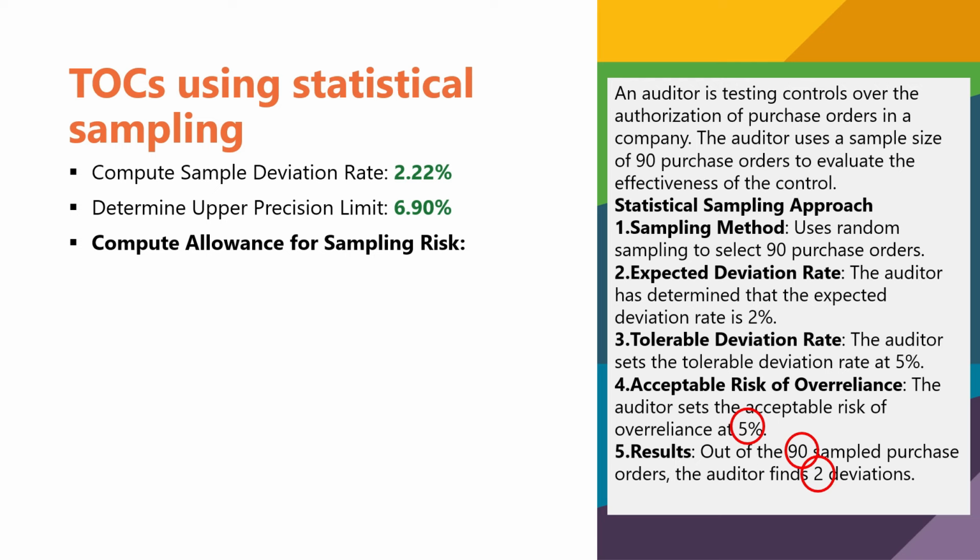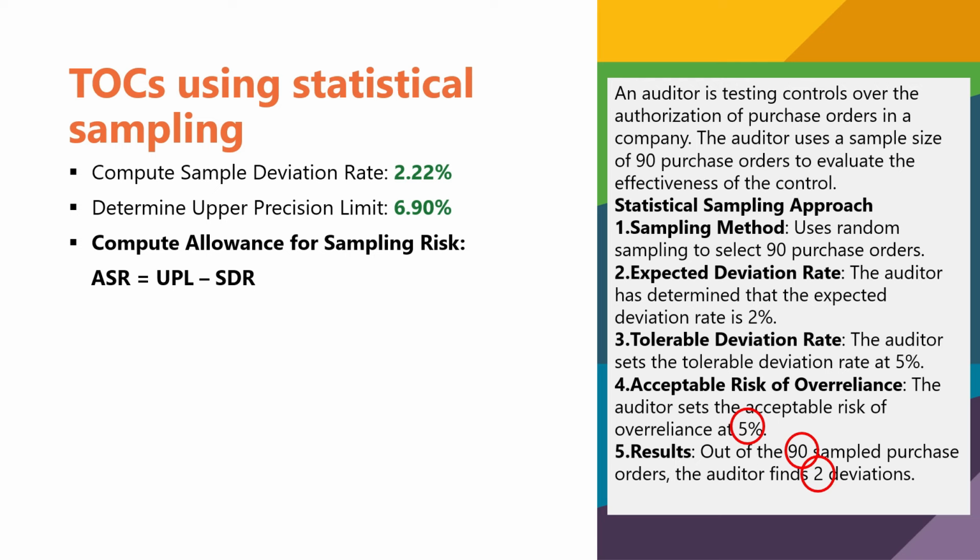So if you think about the allowance for sampling risk, you're basically looking at that cushion or that allowance the auditor has, that whatever is the result of the sample may not be the true state of the population. So in using statistical sampling, our allowance for sampling risk is computed as the upper precision limit less the sample deviation rate.